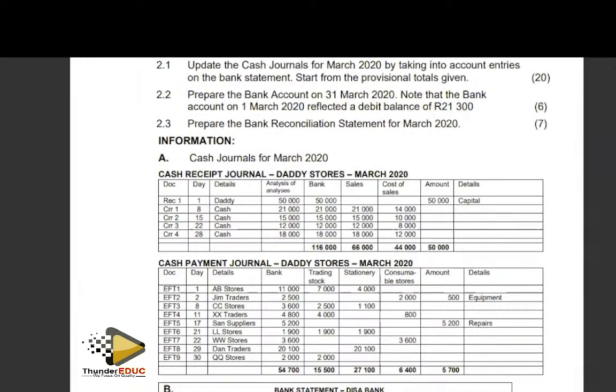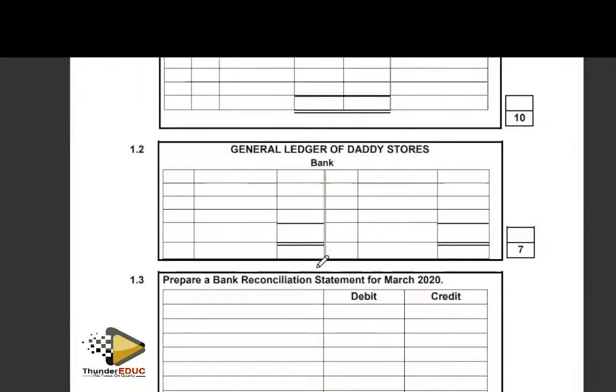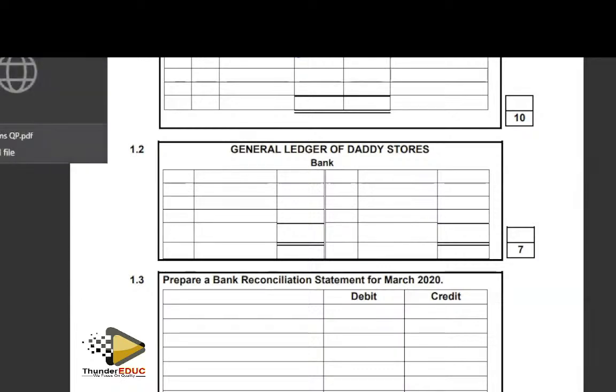So let's change it also. This is 54,700. So the first thing you should do is always carry the totals first, then you start doing the work.